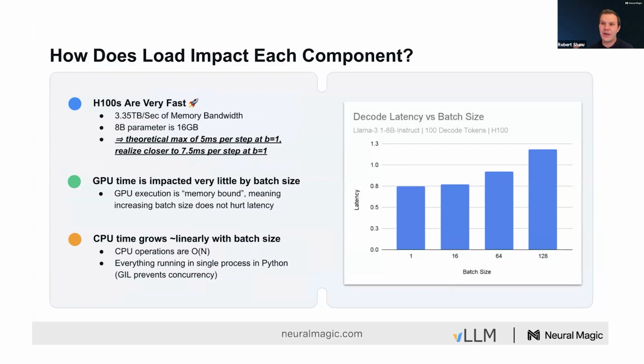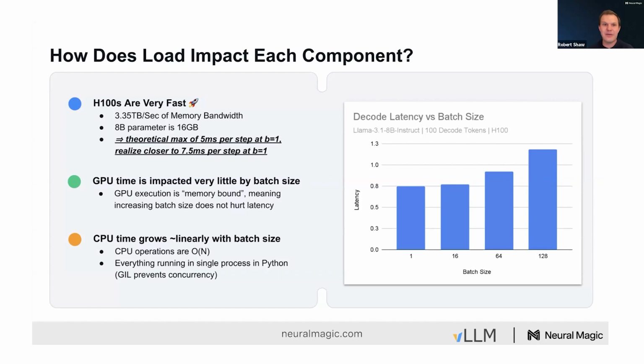And this is the memory bandwidth of the system. The memory bandwidth is a parameter of the GPU that determines how fast you can move the weights from the GPU RAM into the on-chip memory. For the decoding phase of LLMs, the computation is bound by this parameter. So on an H100, we have 3.35 terabytes per second of memory bandwidth.